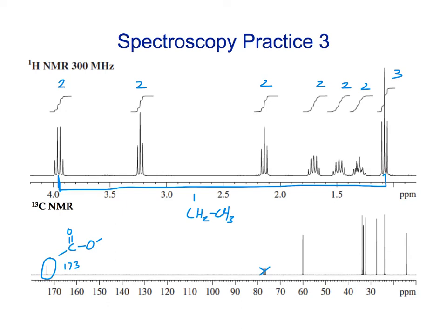What about the chemical shift of the CH2 group at almost 4 parts per million? What do you think it's attached to? It has to be an electronegative atom. We have 2 choices. Probably that oxygen right there. What's the other electronegative atom that we have?